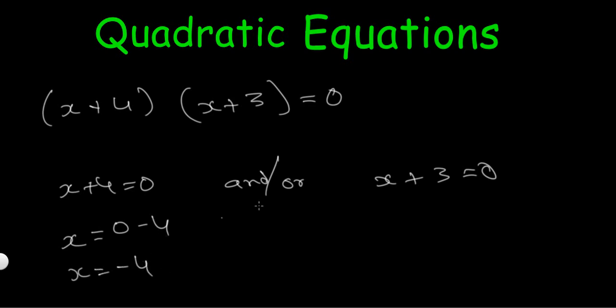Pretty simple and easy. On this side, x + 3 = 0, so x = 0 minus 3, x = -3. So you found the answer for x. x could either be -4 or -3. That is the answer.